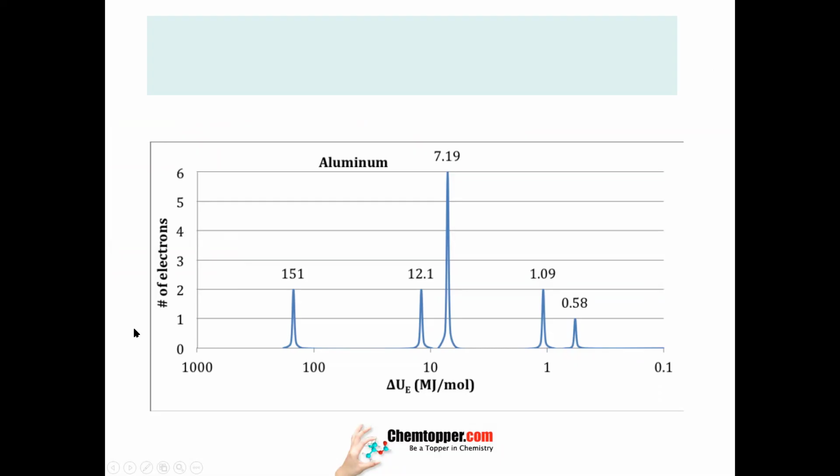This is aluminum, so you can understand the configuration. On the top of this, can we draw the configuration of boron?